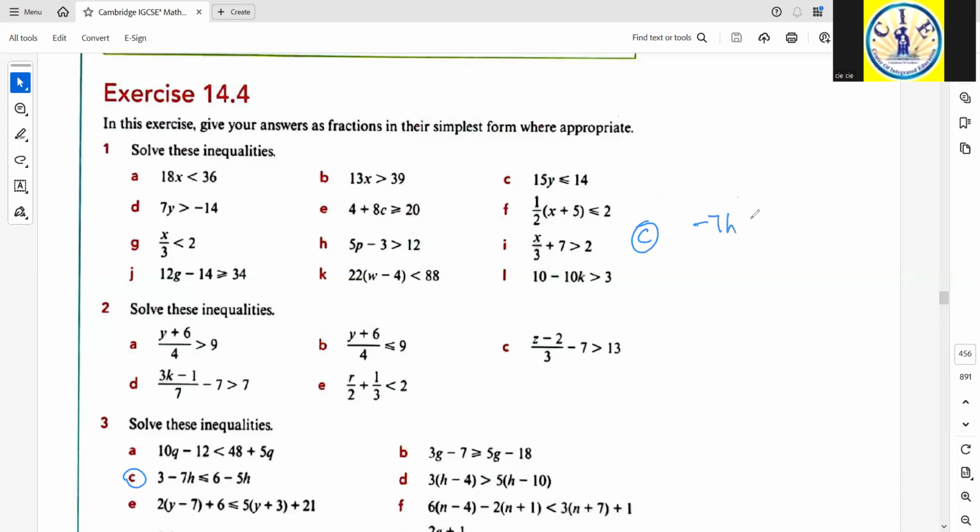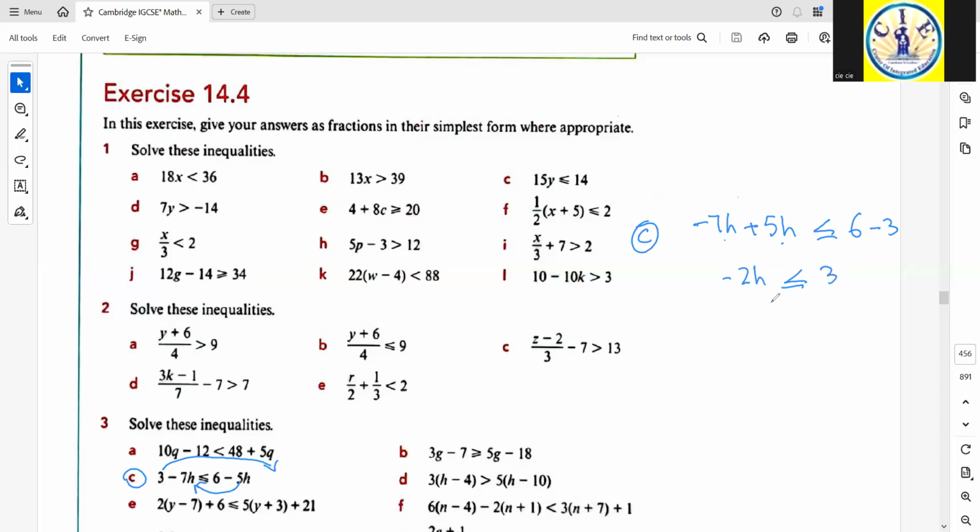Negative 7h would be the same, then plus 5h, because this has been shifted here. Less than or equal to 6 is there, and then I'm shifting this 3 to the other side. That would give me negative 3. Now, negative 7h plus 5h is negative 2h, less than or equal to 3.